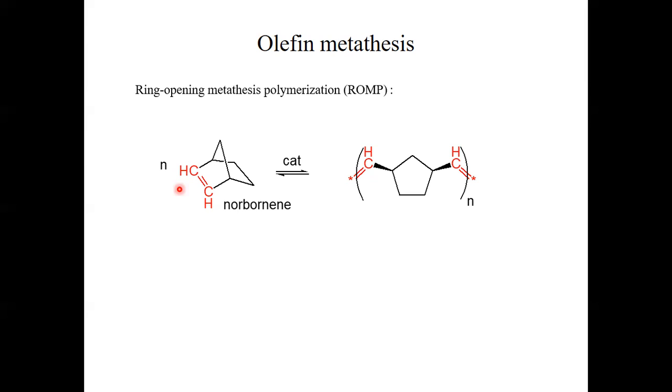And instead, the fragments recombine the opposite way, and again, you're getting a polymer. So this is another way to make polymers which are unsaturated. In this case, we would have a cycloheptane ring in between two unsaturated carbons of the polymer.